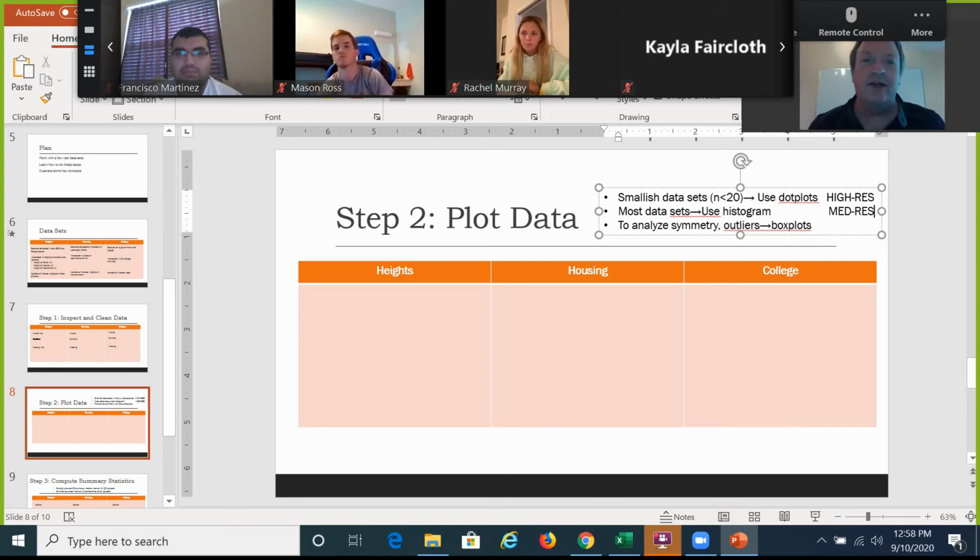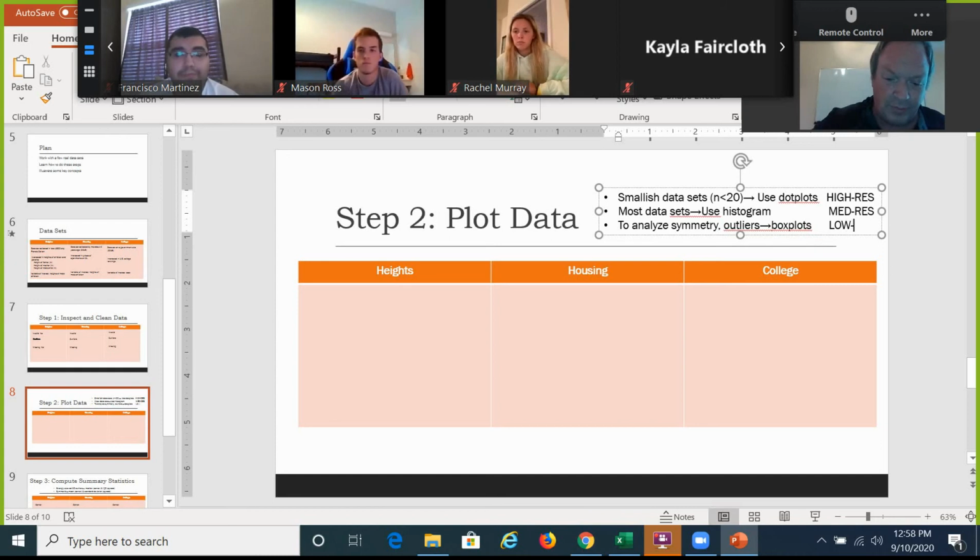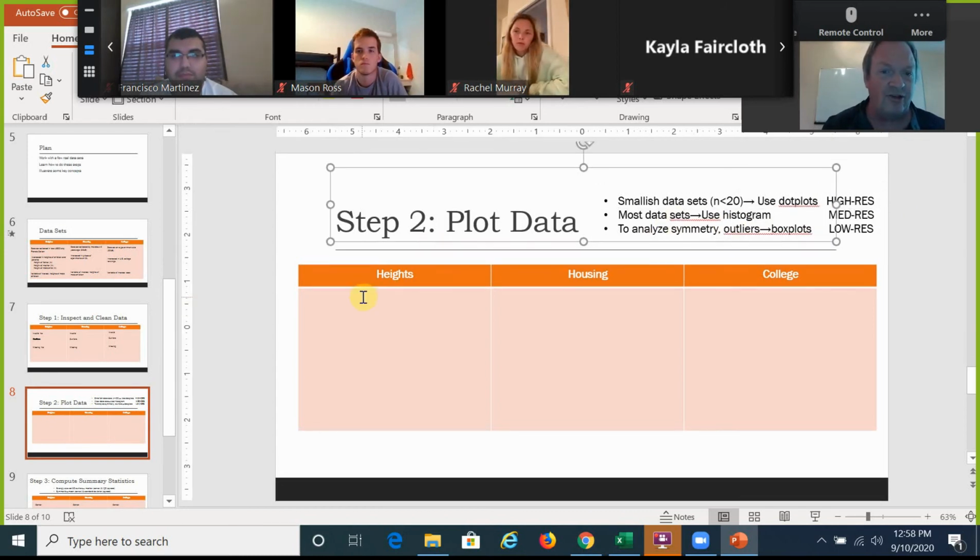And it isn't just because it's medium resolution. We're going to see there are other reasons also, okay? And this is actually low res. This is like somebody zoomed out from the earth, and they're looking at the world, okay? Almost always we want to do a histogram. And the two exceptions are when we want to analyze symmetry and outliers, we do a box plot.